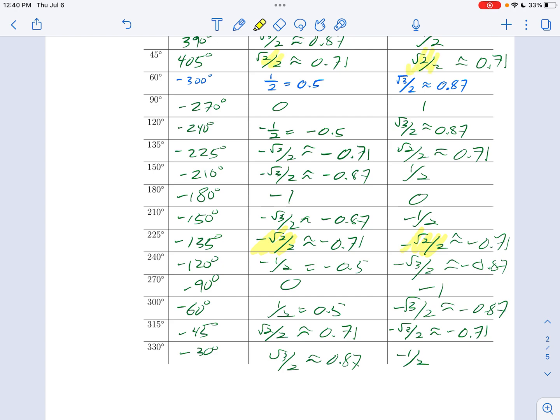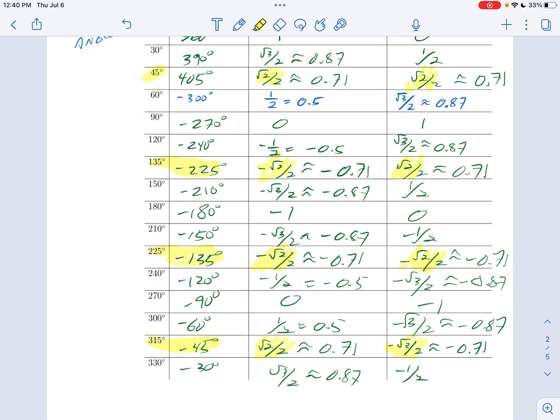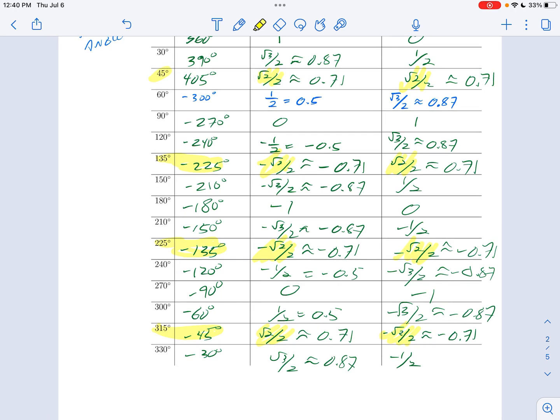Maybe one's positive and one's negative, but it seems like that's the number that pairs up with itself. And those occur when we have something related to 45 degrees. Maybe it's 45 degrees, maybe it's negative 45 degrees, maybe it's like 45 degrees with an extra 180 or something. But when we have something that feels like it's related to 45 degrees, we're noticing this number root 2 over 2 shows up twice.